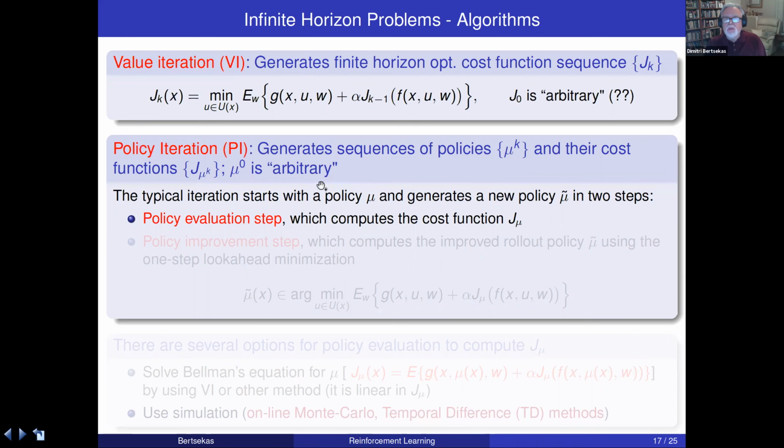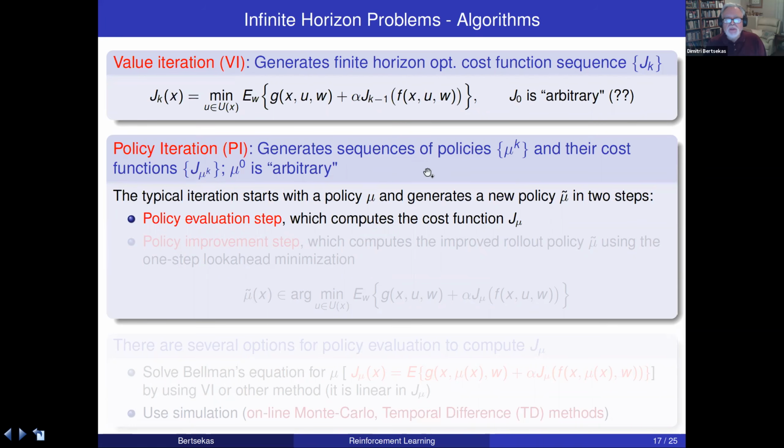It starts with some policy mu0, which is arbitrary. There's a lot of freedom in selecting it. Then it generates mu1, mu2, and so on. And also in the process it calculates their cost functions, or in a reinforcement learning framework, their approximations to the cost functions through a value network.